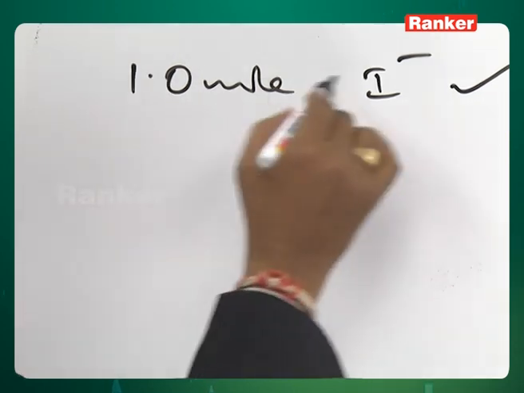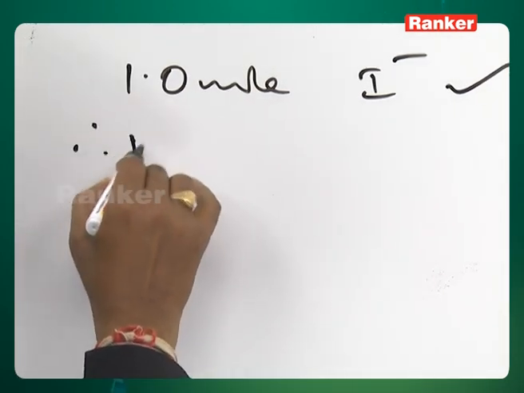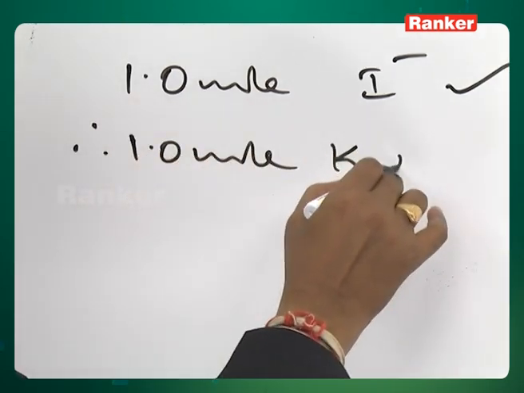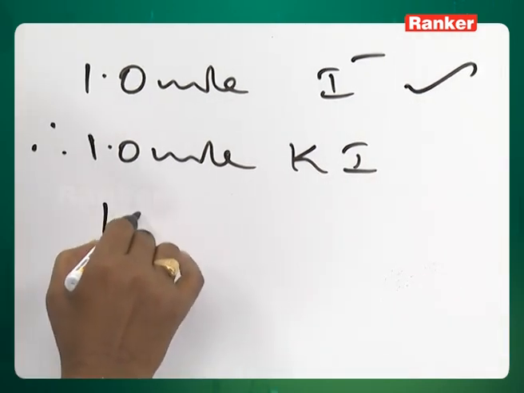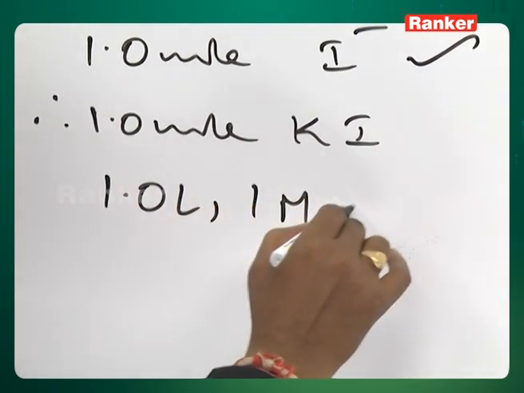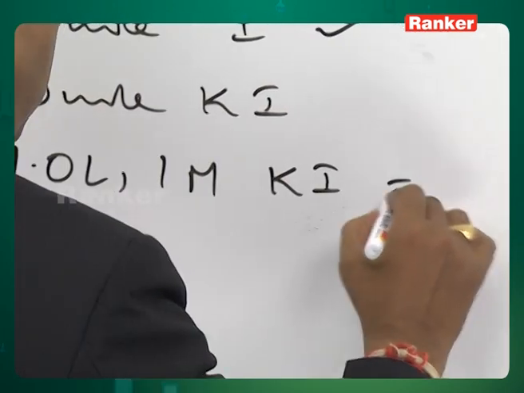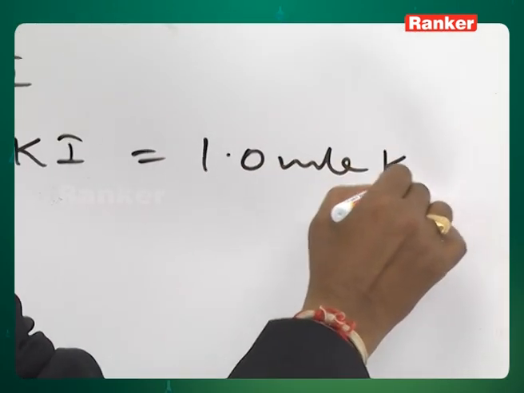So, it is 1 mole of potassium iodide, 1 liter of 1 molar potassium iodide, this is equal to 1 mole of KI.